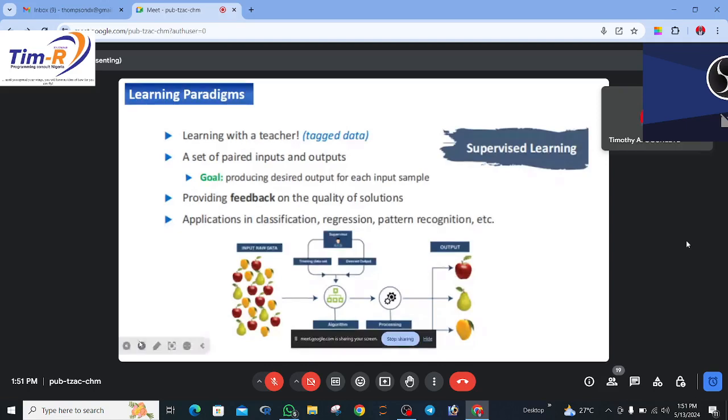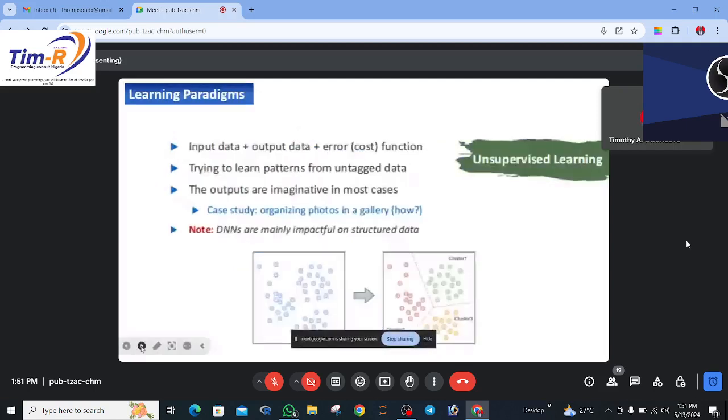Now for unsupervised learning, we have the input data plus the output data plus the error, which is the cost function. It has to do with trying to learn patterns from untagged, unlabeled data. We don't tag it. We are trying to see if the algorithm can learn and know what is what from the input data we have given it, so it can match them and be able to cluster them.